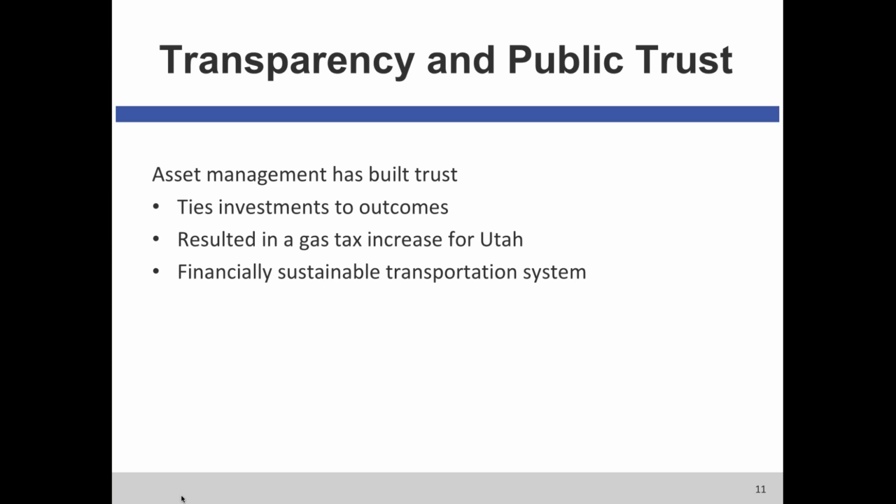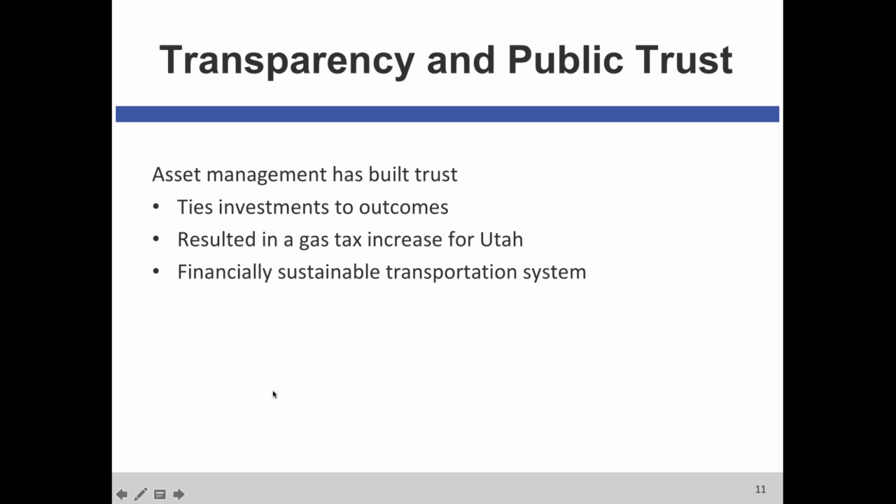It was because of this that we got a gas tax increase in 2015 with no projects tied to it. The only thing that was tied to it was a histogram that showed that for this additional 5-cent gas tax increase, this is the projected condition improvement of those pavements and those bridges with that investment.